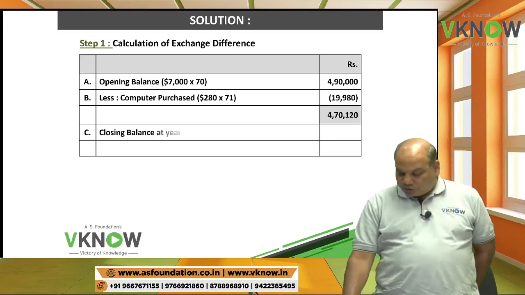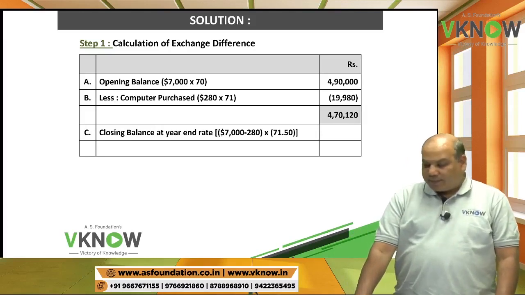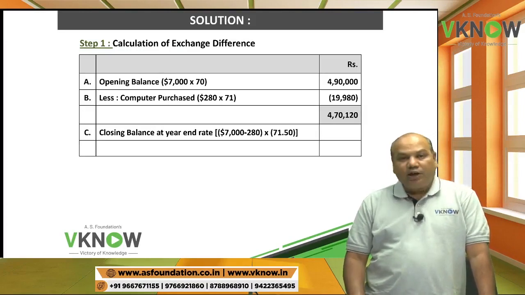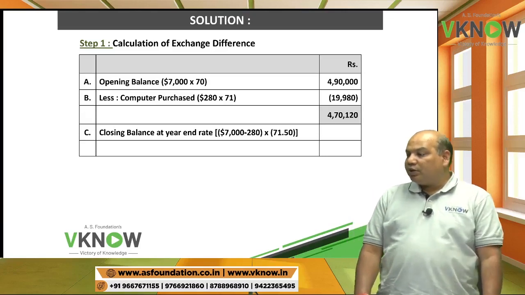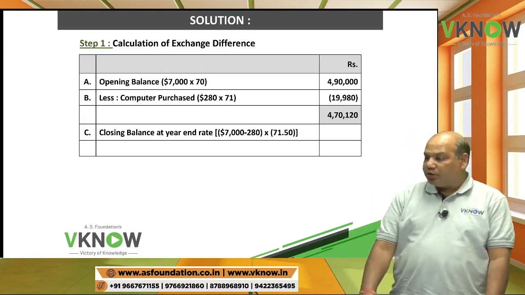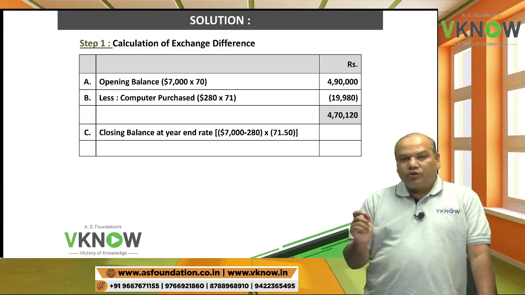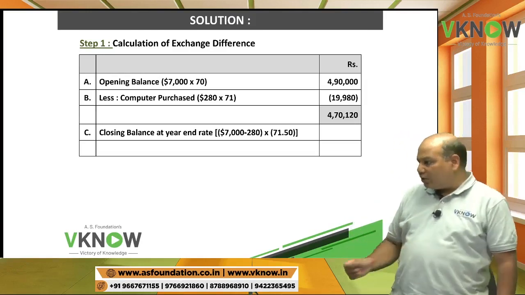Now we'll calculate the closing balance. Closing balance in dollar terms will be 7,000 minus 280, multiplied by closing rate 71.50. So give me the answer now. What is the closing bank balance after converting at 71.50? Please reply.